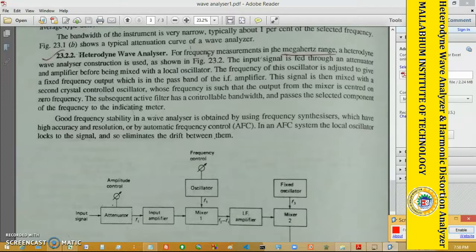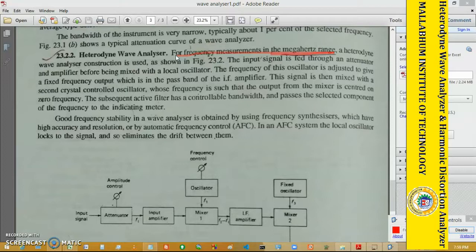The difference from the previous one is that it operates in a higher frequency range, as you can see, in the megahertz range. If the frequency component is higher than the audio frequency range, or maybe limited to the 20 megahertz range, then we use this heterodyne wave analyzer.